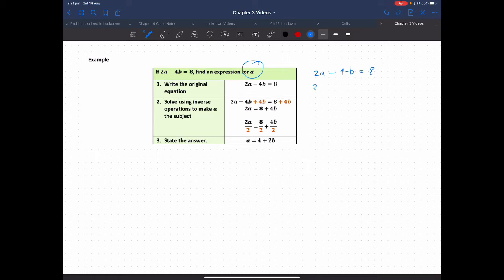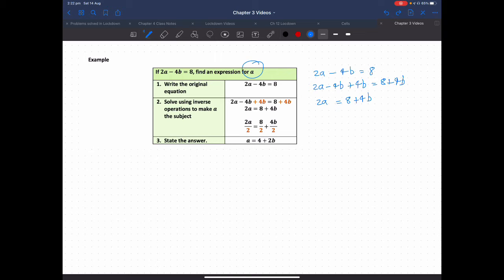So the opposite to subtracting 4b is adding 4b. So I add 4b to both sides of the equation. Minus 4b plus 4b cancel, leaving me with 2a equals 8 plus 4b.